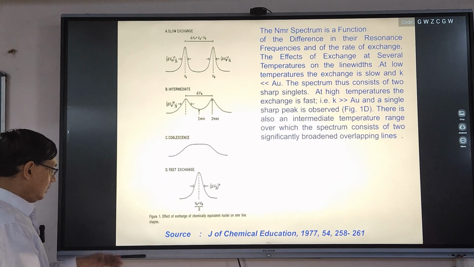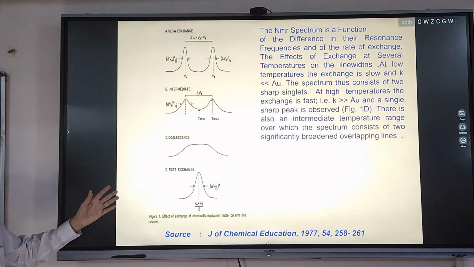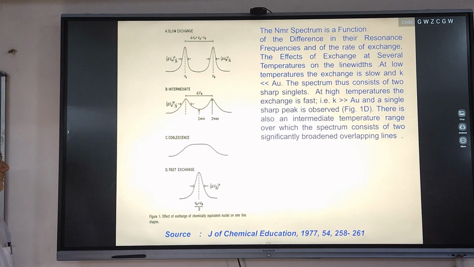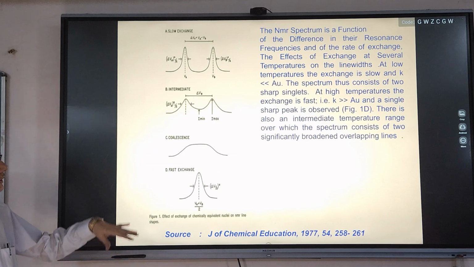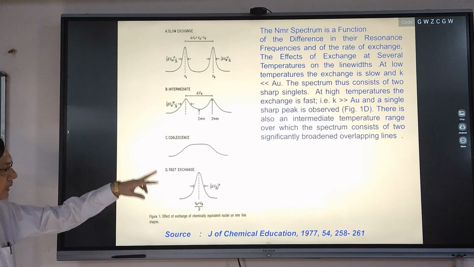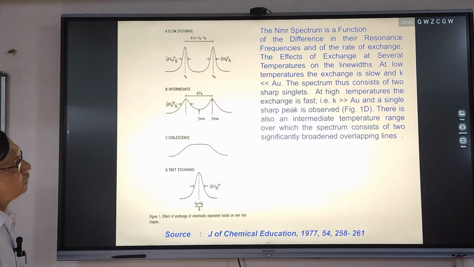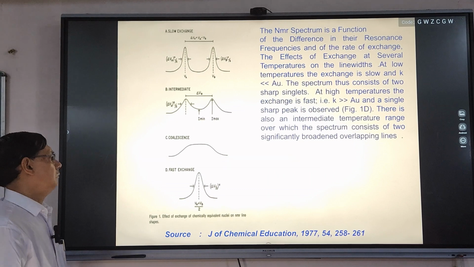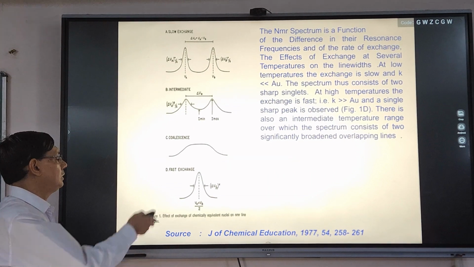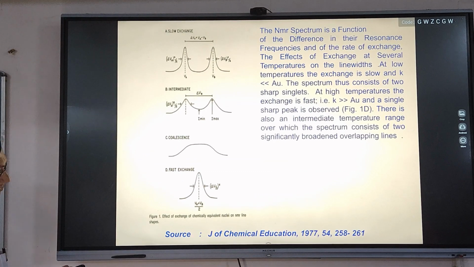So the concept is very simple, and I am using only one example, because you are studying at postgraduate level, from the examination point of view I am using very simple types of reactions, but there are other complicated reactions also, but most of the books use this dimethyl acetamide reaction.